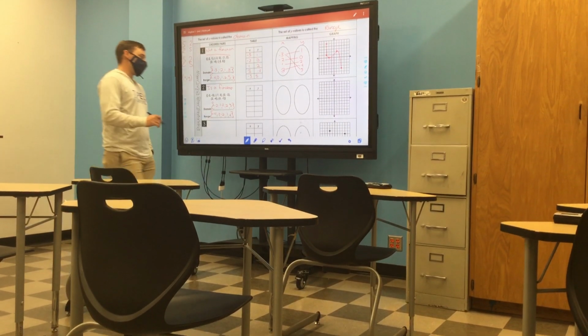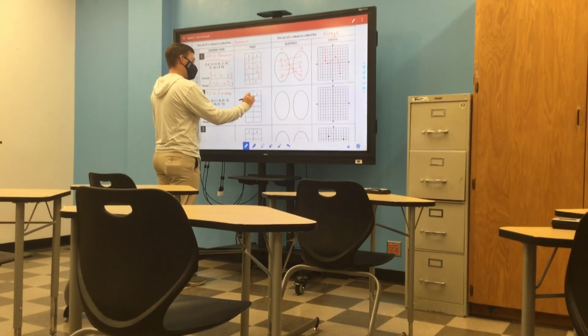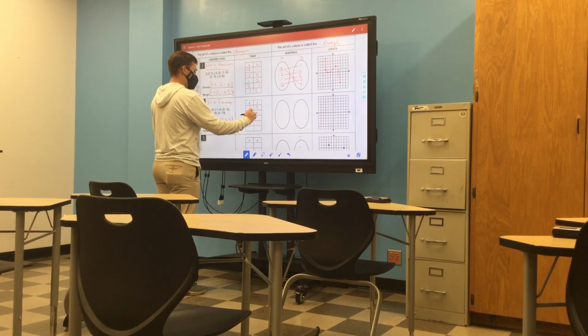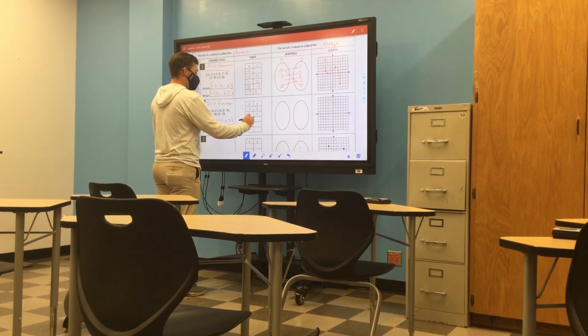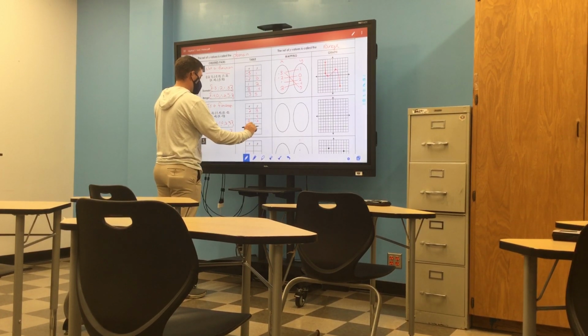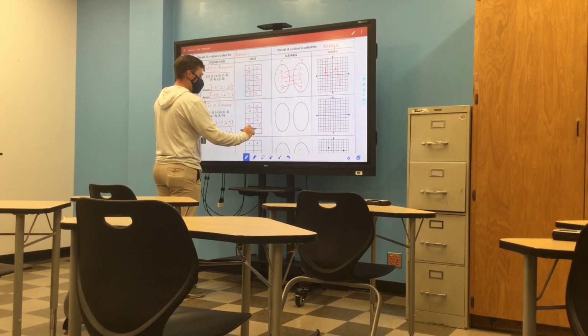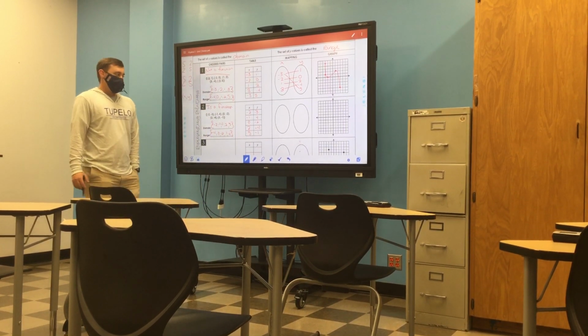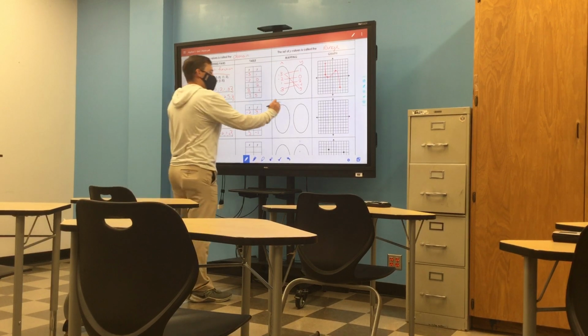In the table, that would look like this: -2, -3; -1, 4; 0, -2; 2, -4; 5, -1. That's what it would look like in a table. In the map, it would look the same.